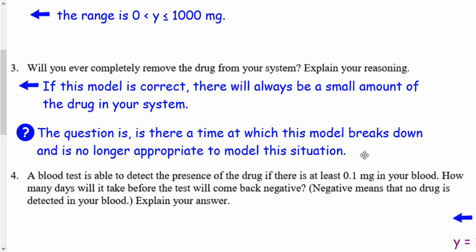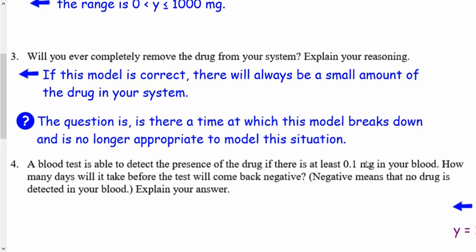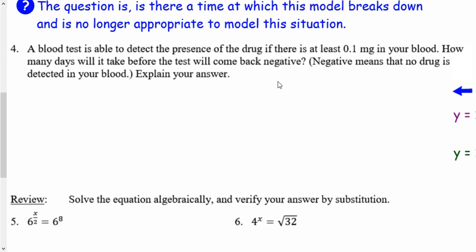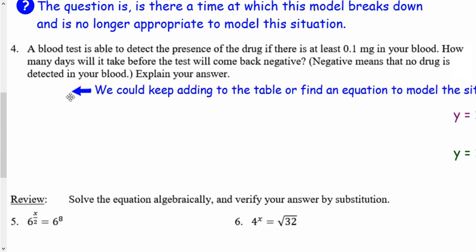Well, suppose we have a blood test in number 4 that's able to detect the drug if there's at least 0.1 milligram in your body. How many days will it take before the test will come back negative, as in it'll say there's no drug that is left in your body, at least no drug that can be detected? Here's one option.